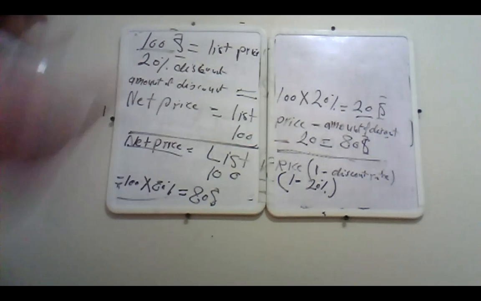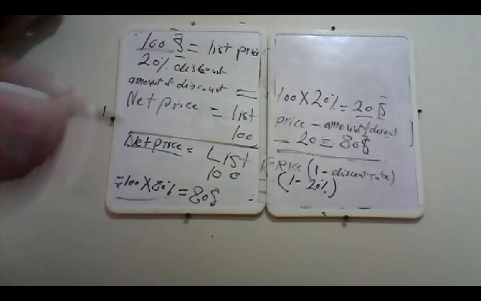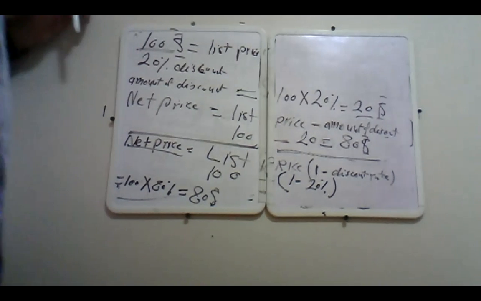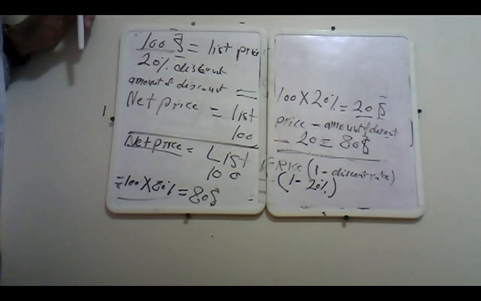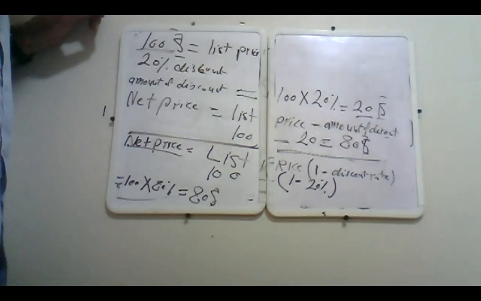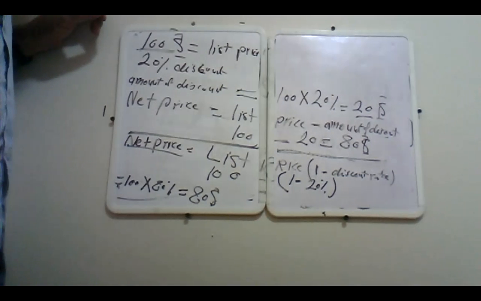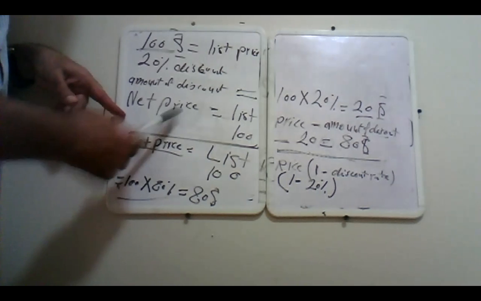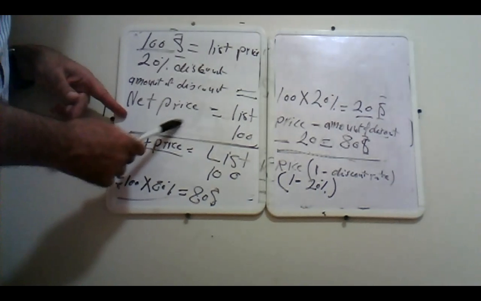It will solve a lot of problems and save time and effort. I will give you the list price and the discount. Instead of first getting the amount of discount and then deducting it from the list price, I will do it in one step.